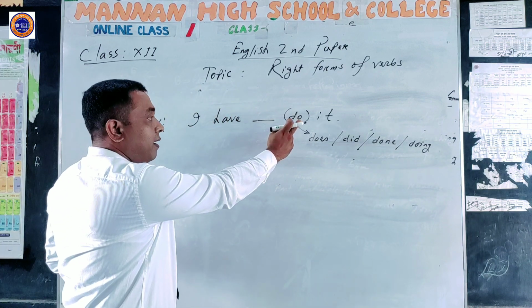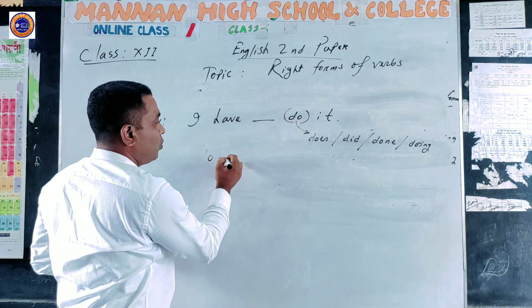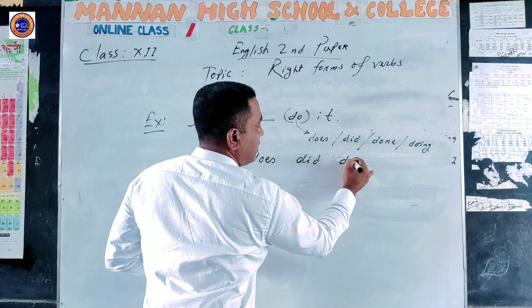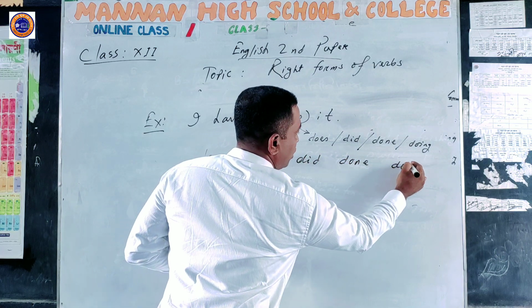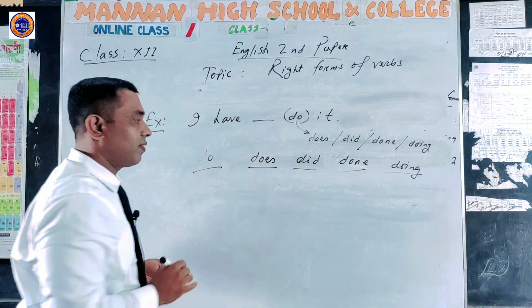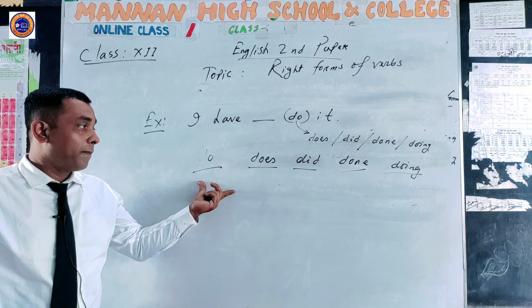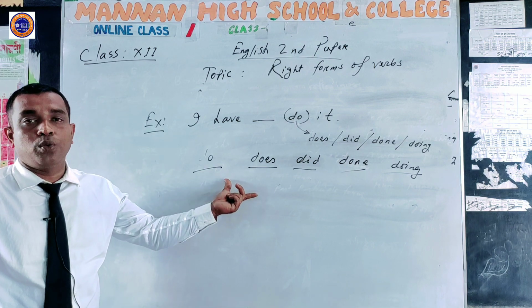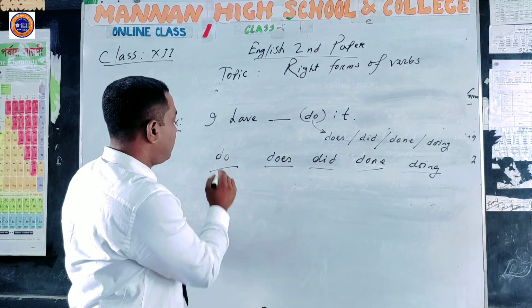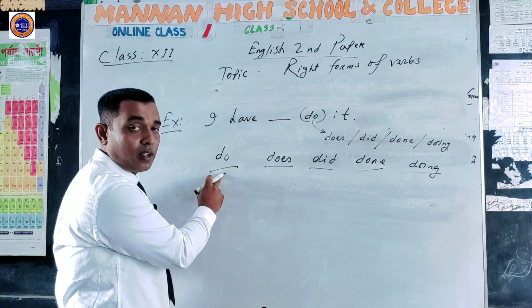Suppose I have taken this word do, does, did, done, and doing. I am going to explain which forms will be used. This is called the base form.